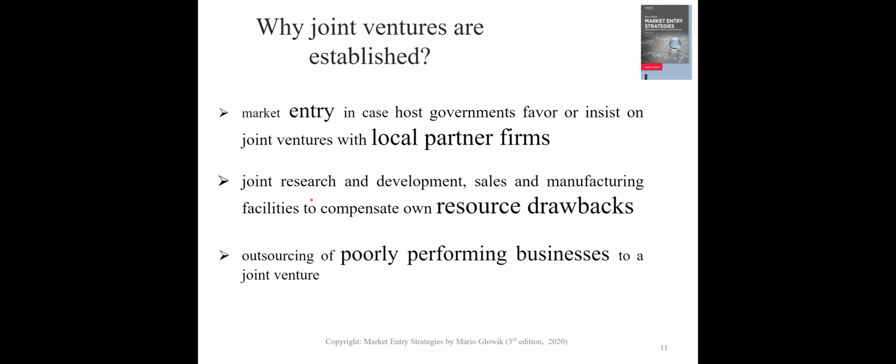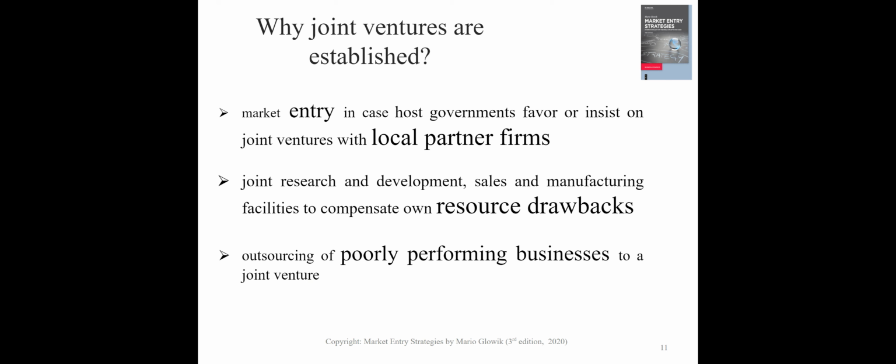Joint ventures are established in order to join research and development, sales and manufacturing facilities to compensate, for example, own resource drawbacks. And joint ventures are established in order to target outsourcing of poorly performing businesses to a joint venture. That happens in business reality.